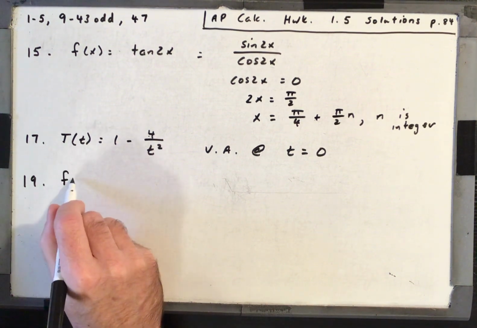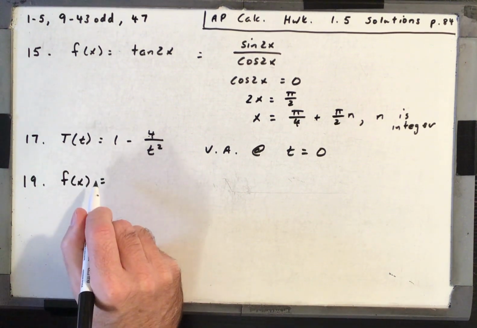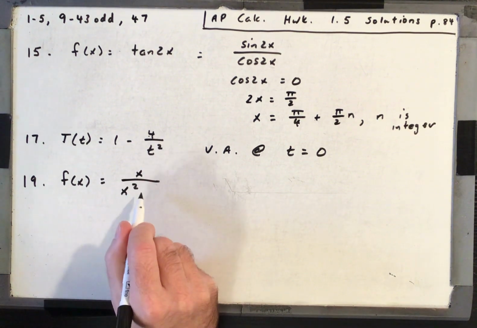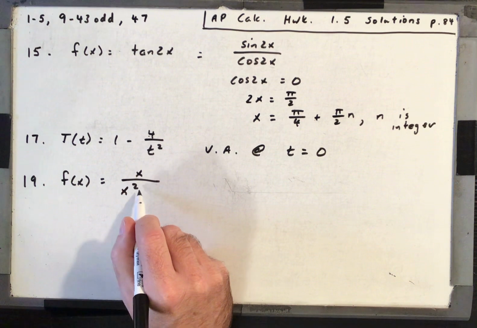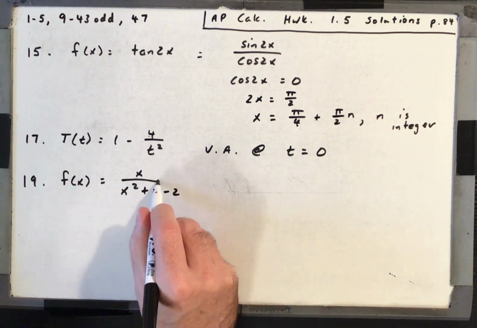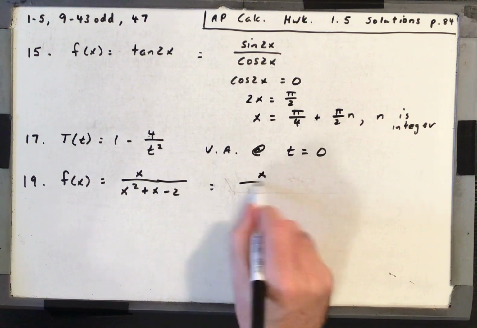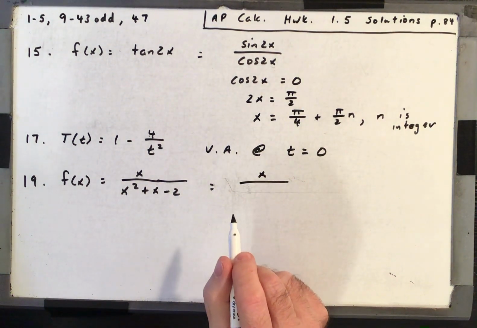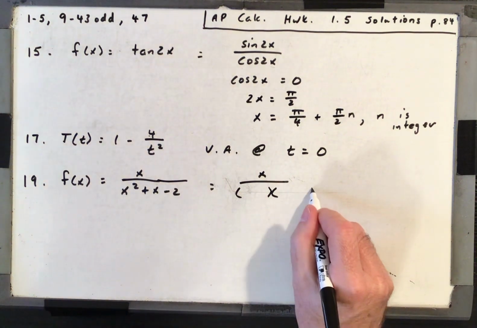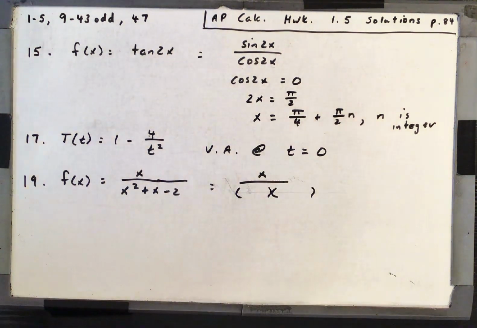19, we have f of x is equal to x over x squared plus x minus 2. So probably this thing is going to factor. I'm going to try it anyway and see where any of that is equal to 0.